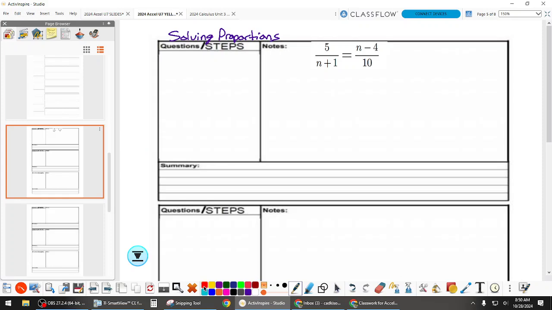All right, so we're going to say multiply diagonally and set the products equal. Now, obviously there are some that you don't have to do that.